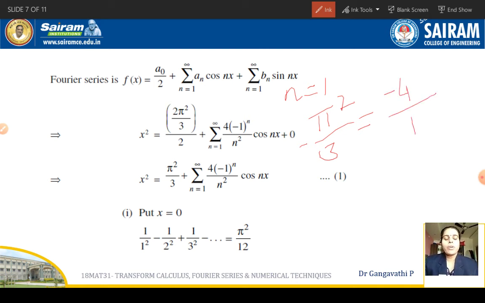So this 4, I'll keep it as it is. That is for n is equal to 1. When n is equal to 2 in equation 1 and x is equal to 0, both you need to substitute. So when we do that, pi square by 3, that I am transferring towards the other side. So it becomes minus pi square by 3 is equal to summation 4 minus 1 whole square is plus 1 divided by 2 square, that is 4.